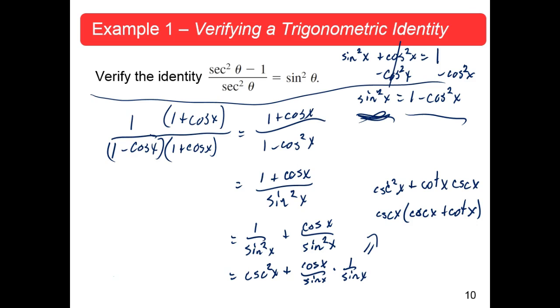Now, they left it in yet another form. They left it as cosecant squared times 1 plus cosine.